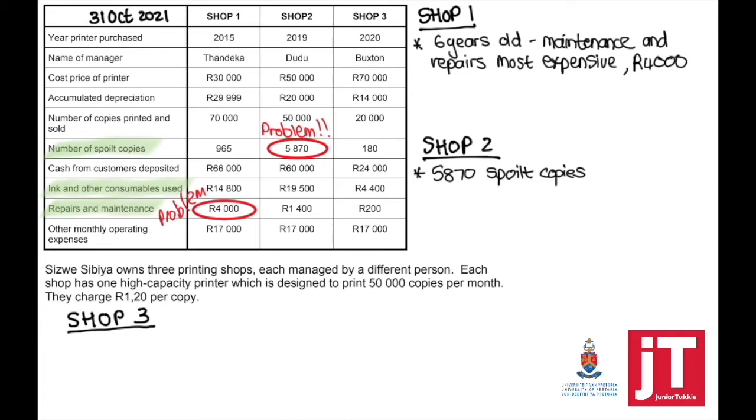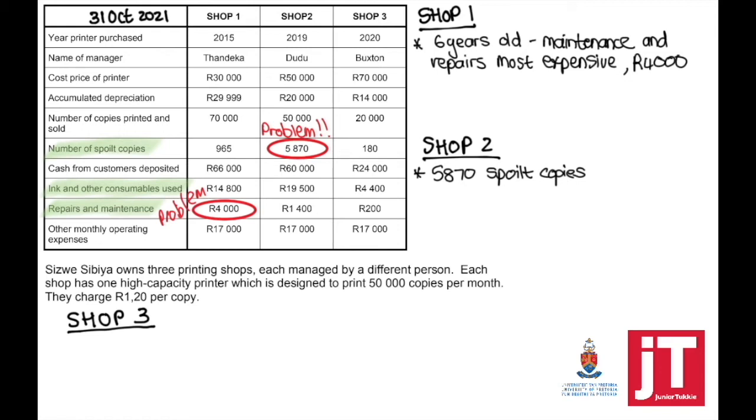And that is a problem. And this could relate to the asset being that old, the printer being 6 years old. So it's costing us more and more to repair it. And also, it's the oldest printer, but it's making the most copies, 70,000. It's exceeding its capacity.